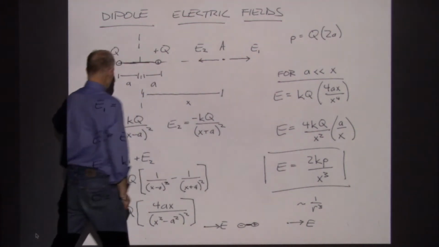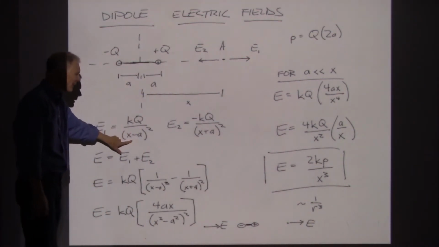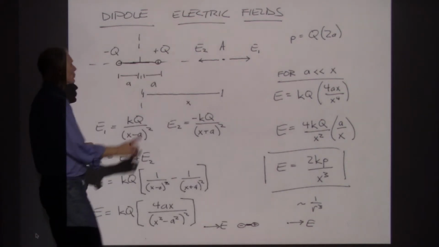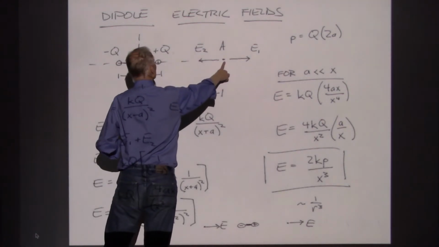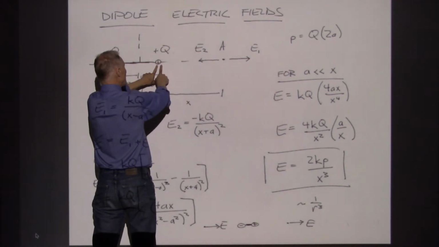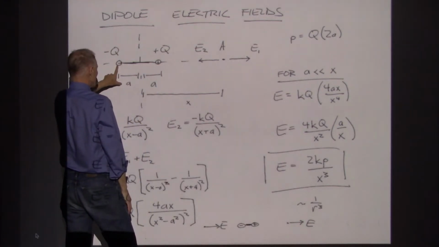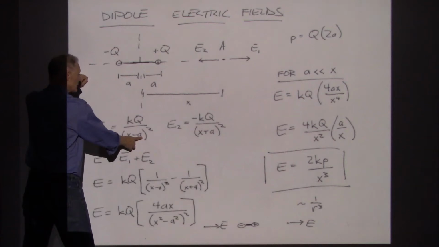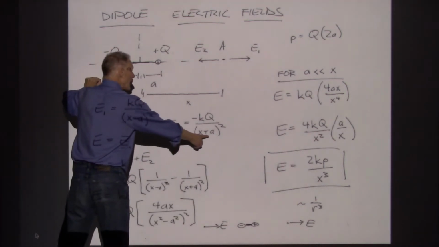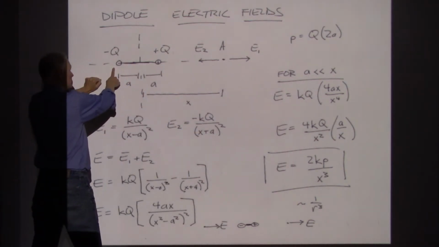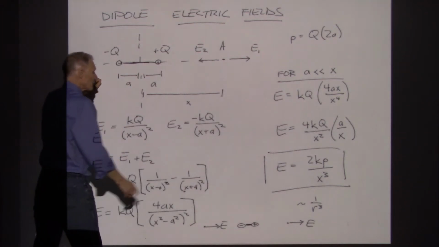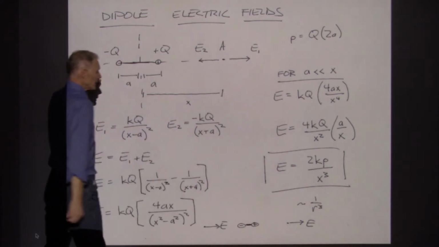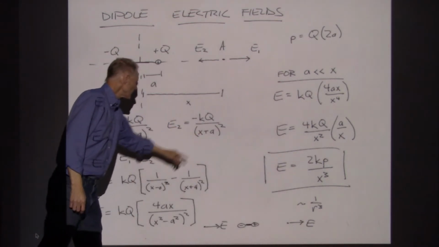That would be KQ divided by distance squared. Now it turns out that point A is a little closer to the positive charge than it is to the negative charge. I'm going to keep track of that by saying X minus A for the positive charge, whereas the distance to the negative charge, at least the way I've set up the diagram, is going to have X plus A. That's a plus, not a T.